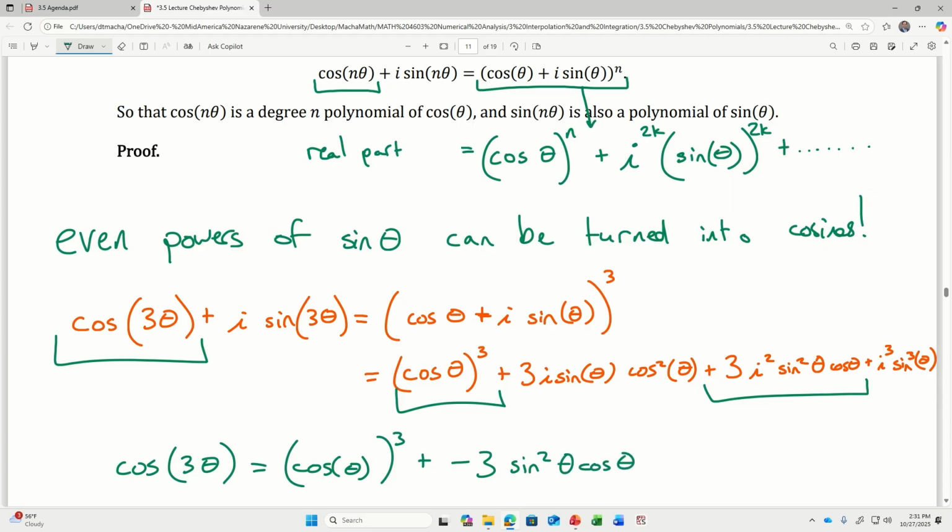But what specifically I want, what my theorem is telling me, is that cosine of n theta, like cosine of 3 theta, should be a degree 3 polynomial of cosine. That's the part I'm trying to prove right now, okay? This is what I really, really care about. This is what's important to the next step in our lecture. So I'm trying to show you that cosine of 3 theta is a degree 3 polynomial of cosine theta.